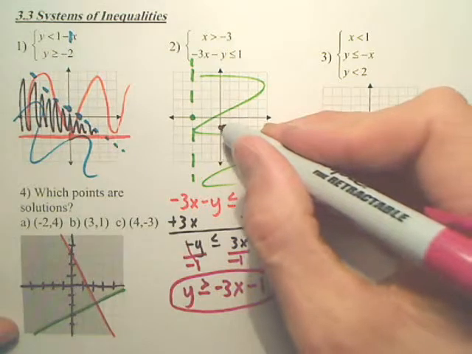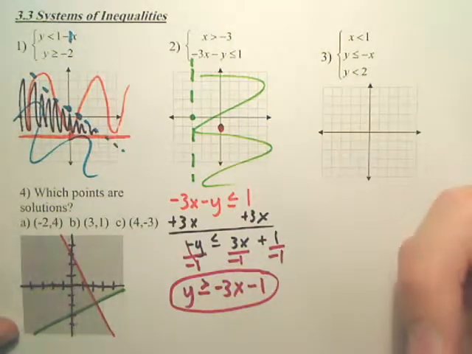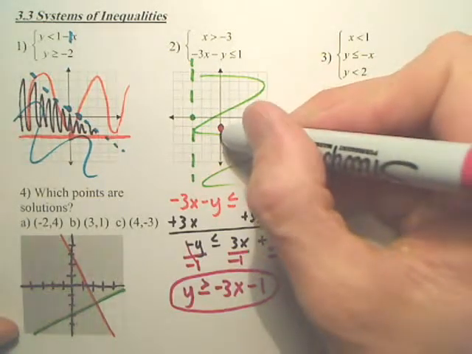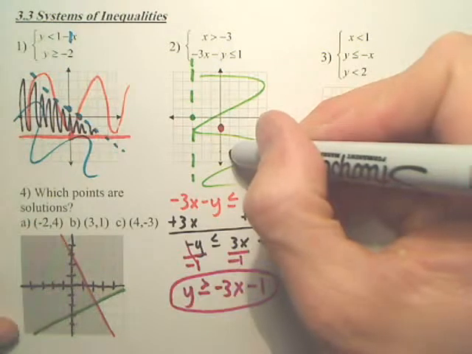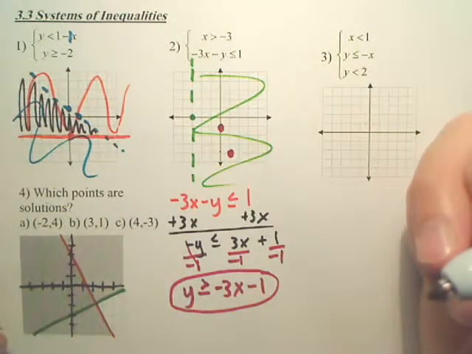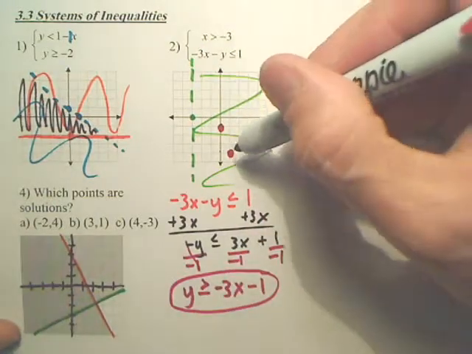Which means I start at negative 1. And what am I going to do? I am going to go down 1, 2, 3, and over 1. And it is dotted, no, it's solid line.